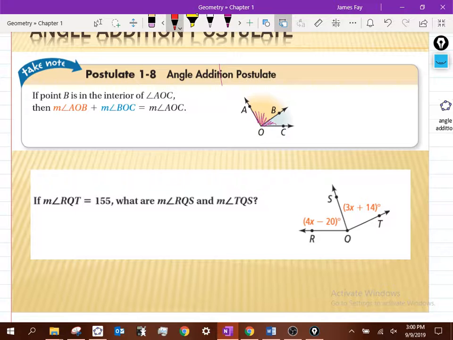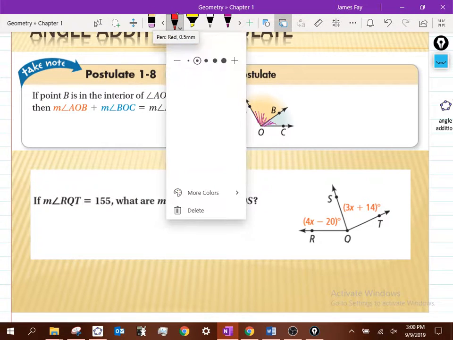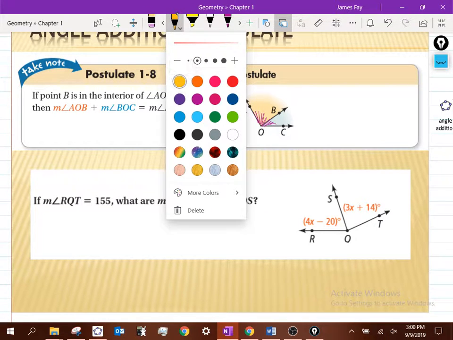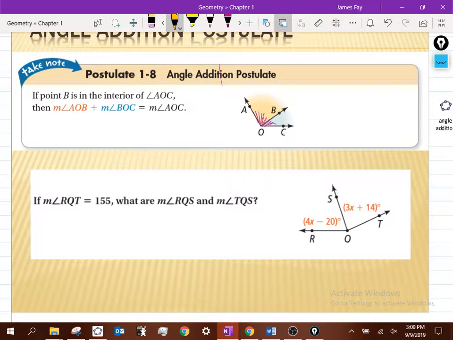If I look at this one down here on the bottom, it's asking us to find these two things. But if I look at my picture, would everybody agree that I've got that angle right there, angle RQS? I'm going to write measure of angle RQS.